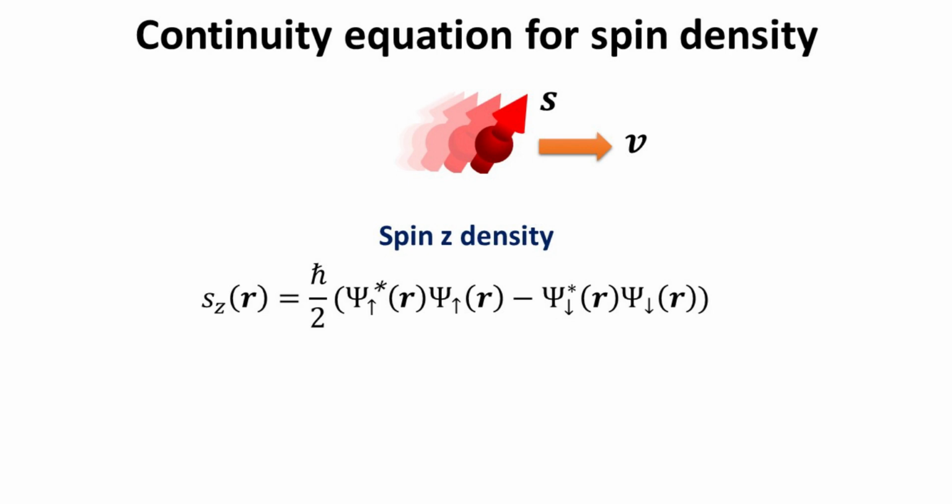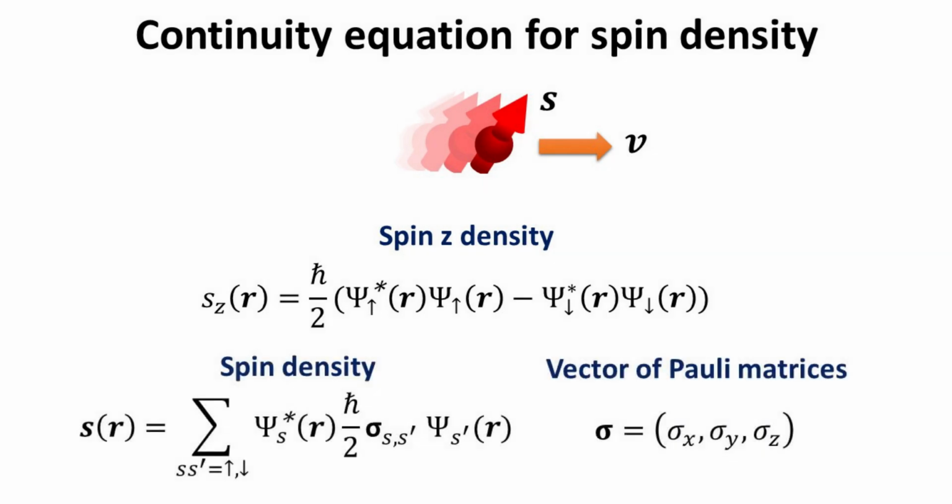To account for all the other components of spin, a generalization of the formula is required. The full spin density can be defined as shown here. Note that the vector of Pauli matrices accounts for all components of the spin density. We are now in a position to show the continuity equation for spin density.